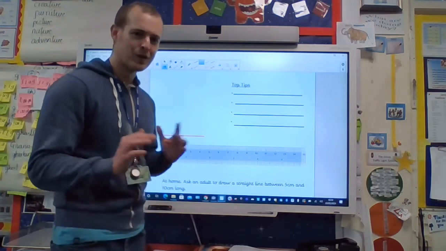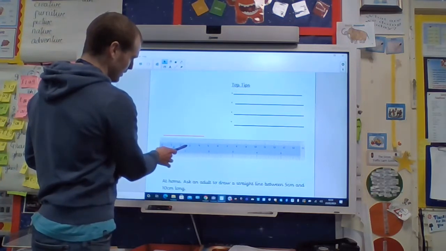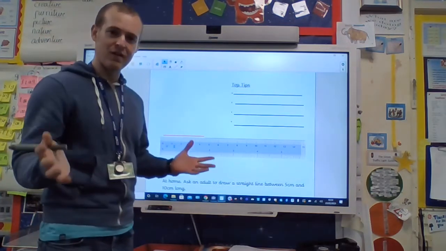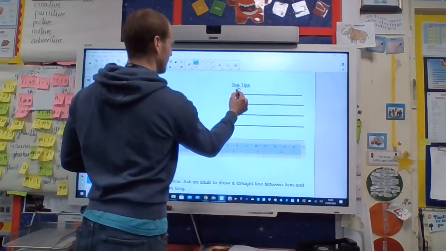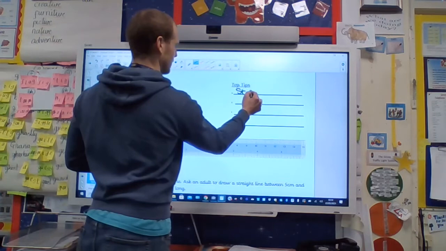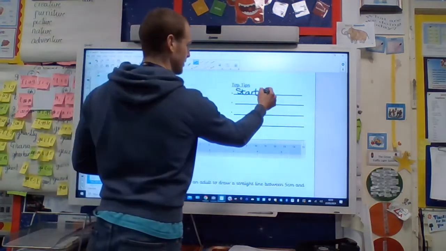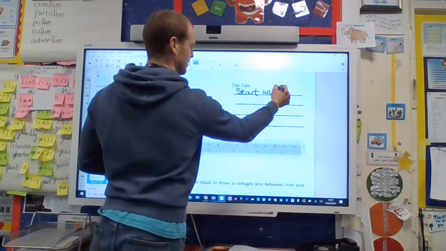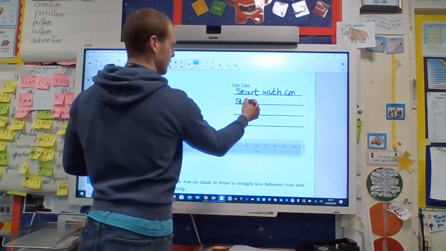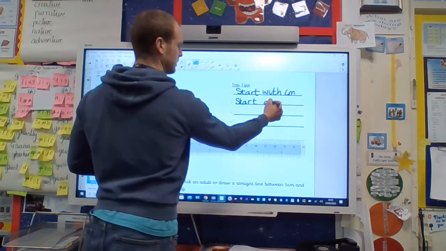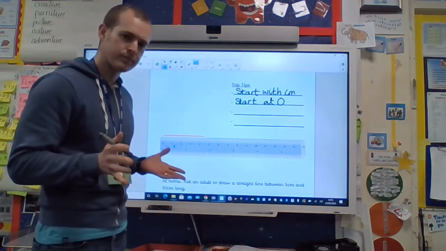All right, so if I'm going to measure this line, I need to start at 0. And in fact, I'm going to start with my centimetres. Start with cm. I'm going to start at 0 and place my ruler where 0 starts at the beginning of our line.